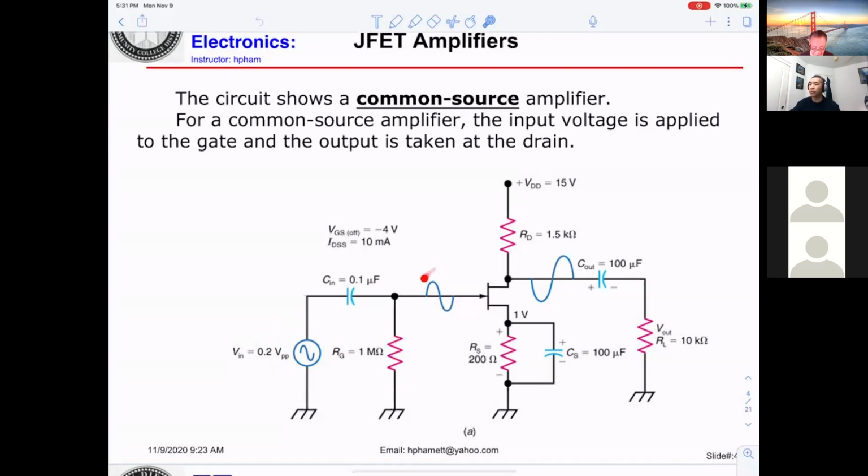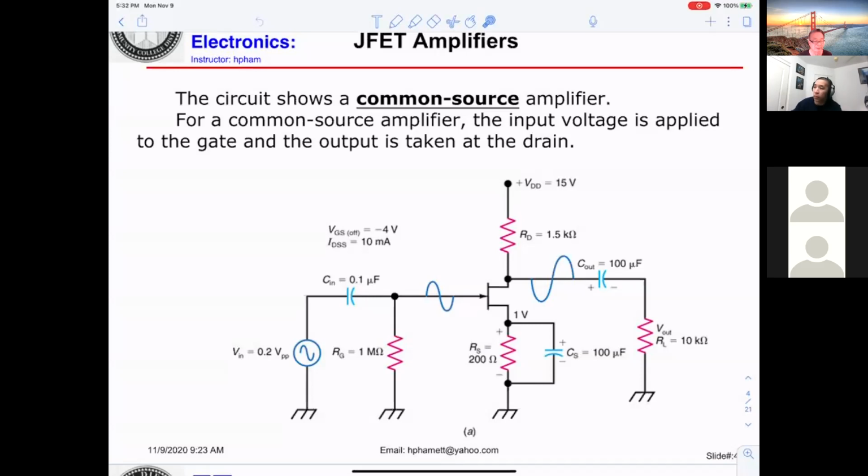So you cannot get the signal to go to the gate. For this circuit, the common source input is applied to the gate, and the output comes from the drain.